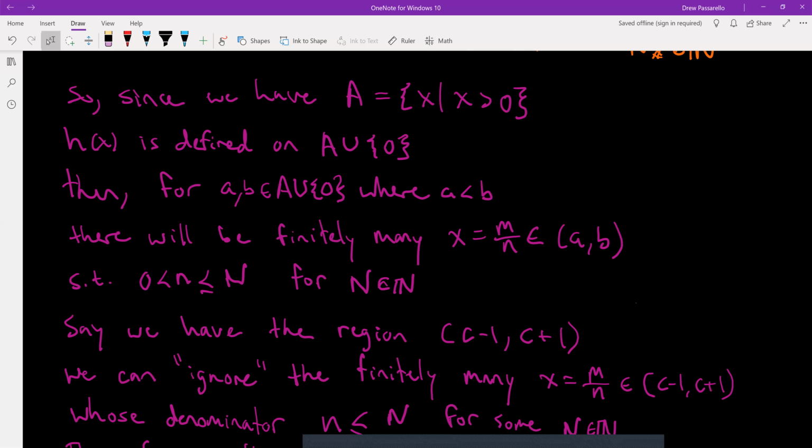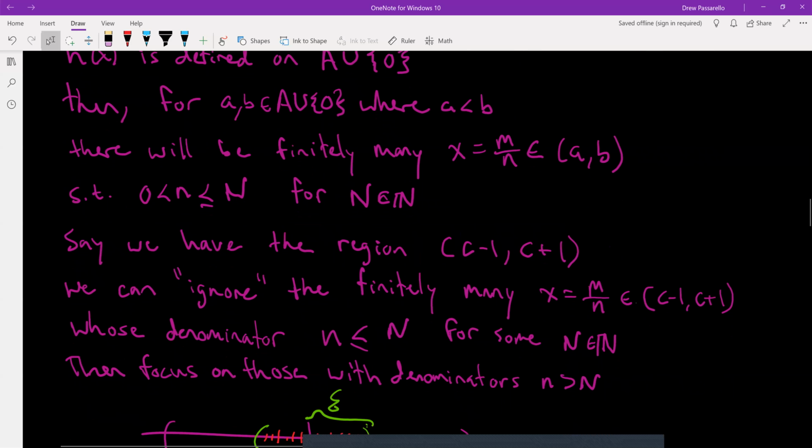What we're going to do is try to ignore these finitely many rationals, x equals m over n, in the interval (c minus 1, c plus 1), whose denominator n is less than or equal to capital N for some capital N in the natural numbers. That way we'll focus only on the x values whose denominators little n are bigger than capital N.